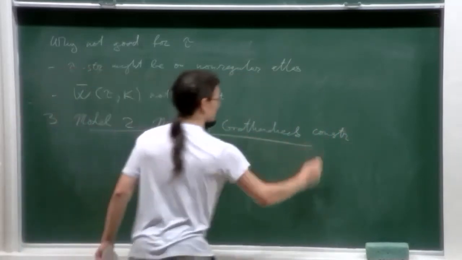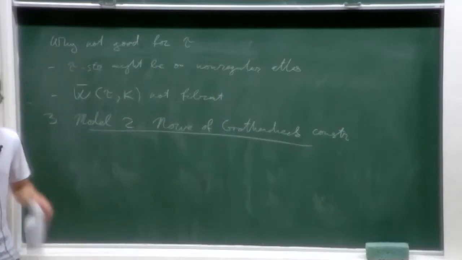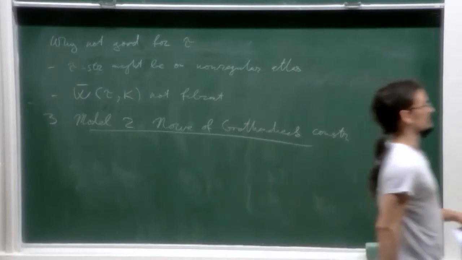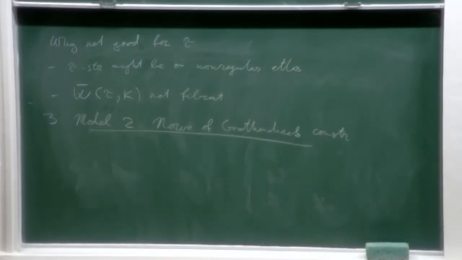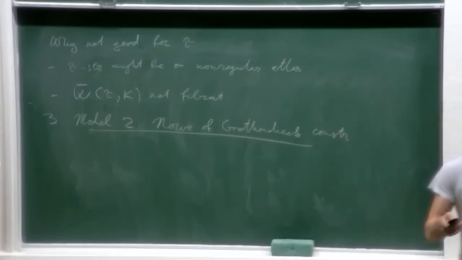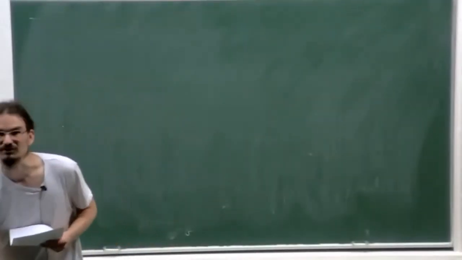I don't have time to say much about the construction, but by Grothendieck construction, I mean the co-end. A simplicial set is a presheaf, so you can take its co-end to get a fibered category. And similarly, a simplicial groupoid you can think of as a pseudo-functor, so you can take the co-end of that too.